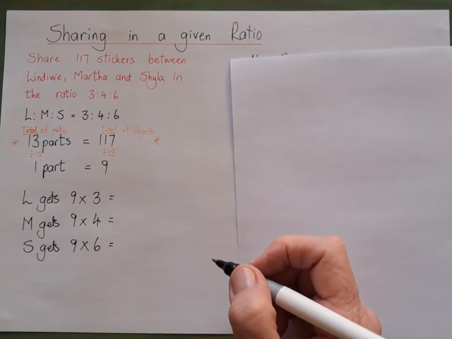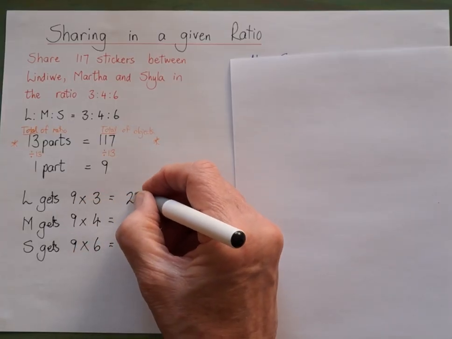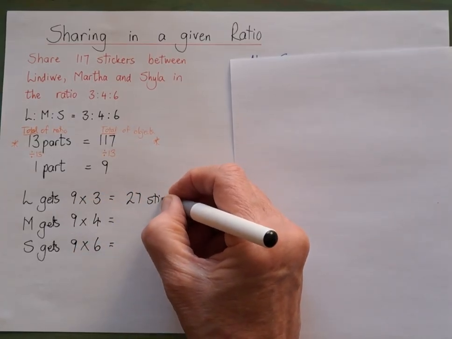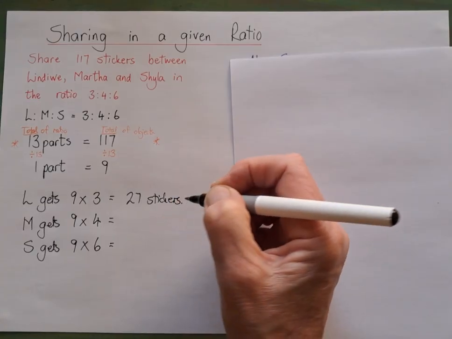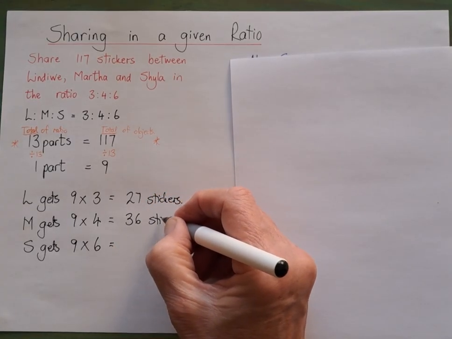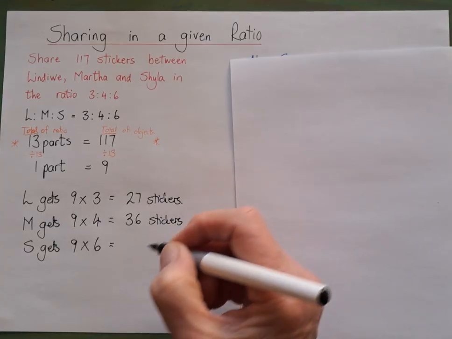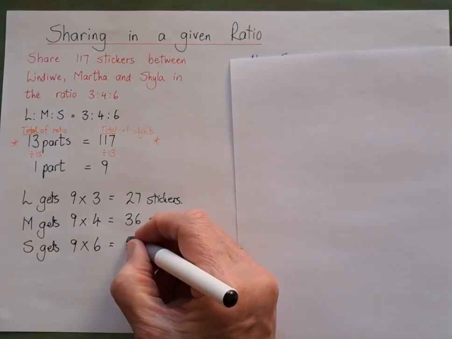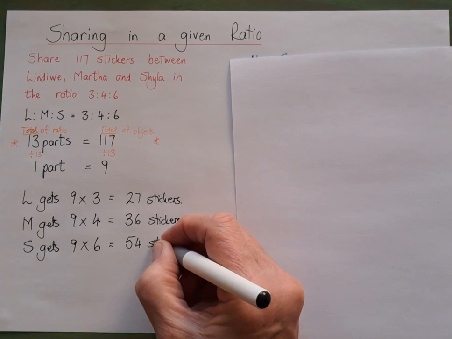So if we work those out, 9 times 3 is 27. Don't forget to say what you're talking about, because it is a word problem. 9 times 4 is 36 stickers. And 9 times 6 is 54 stickers.